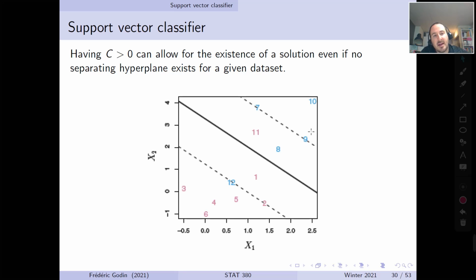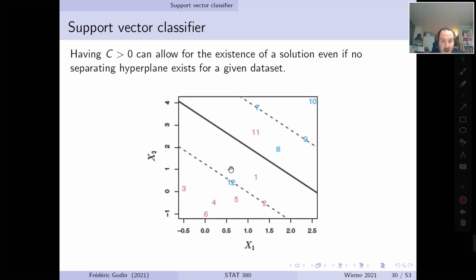But we see that with this support vector classifier, if we allow some violations, so for example 12 is on the wrong side, 11 is on the wrong side here, we can see that we could still have a reasonable hyperplane doing somewhat well for observations, but which doesn't classify all observations correctly. Okay, so if we allowed for no violation at all, we wouldn't get a solution, and it wouldn't be possible to get a classifier for this data set.